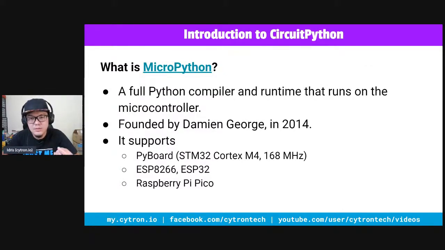So Raspberry Pi, as we know, is very popular among the single board computer community. So Raspberry Pi also makes MicroPython one of the official languages for the Raspberry Pi Pico. So Raspberry Pi Pico is actually the first microcontroller board produced by Raspberry Pi. So it's not a computer, it's a microcontroller. Alright.